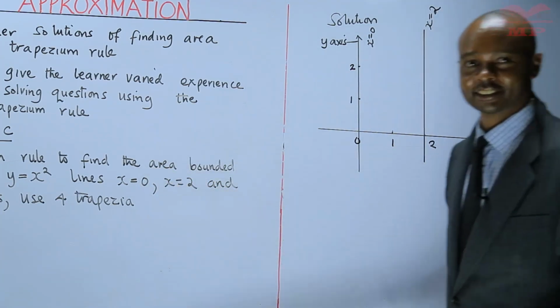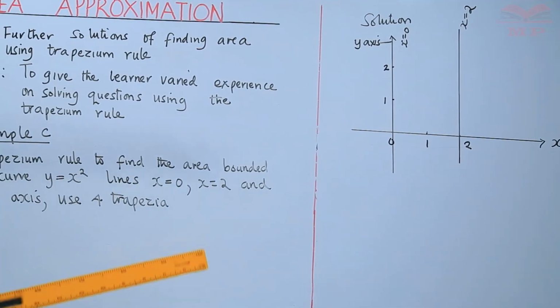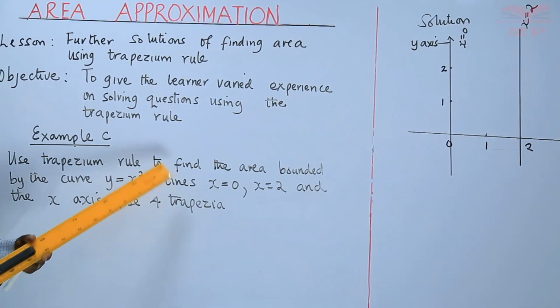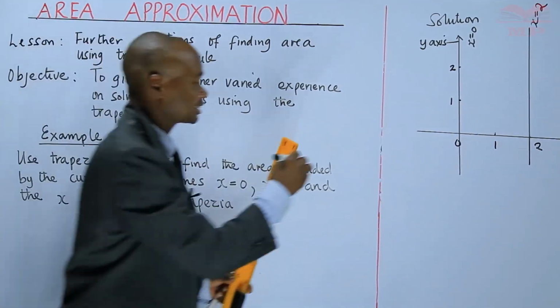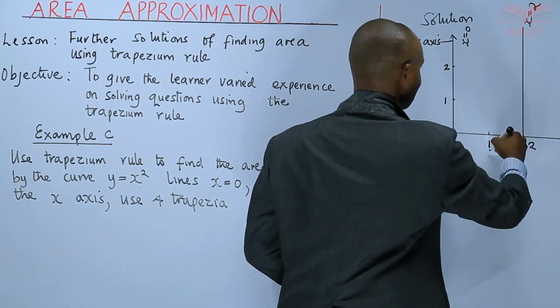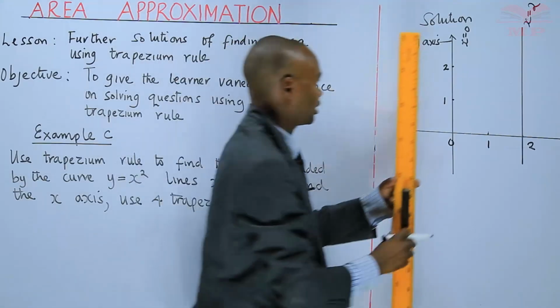We go to that question. They are talking of using what? Use 4 trapezia. So you realize there is 1 here and there is 2. So if I created a line here, I'll only have 2 trapezia. So what should I do?